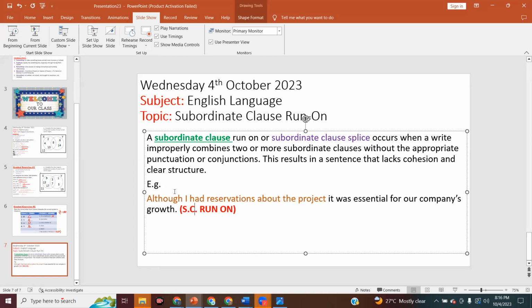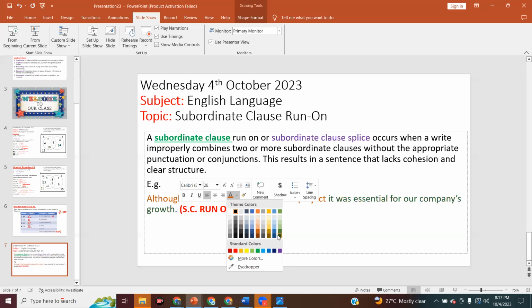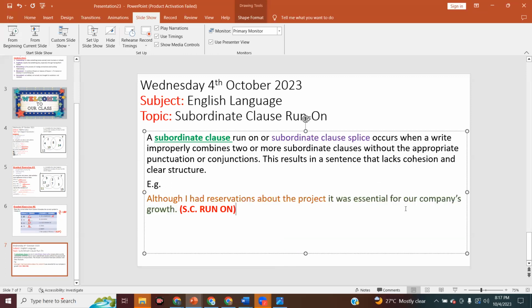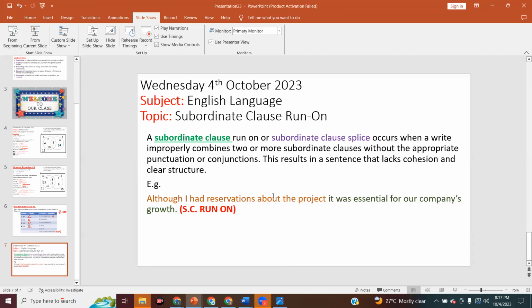Because it starts with a subordinating conjunction, although, right? And this part, it was essential for our company's growth, what type of clause is this? Independent. Very good. So here we have a dependent clause and an independent clause.